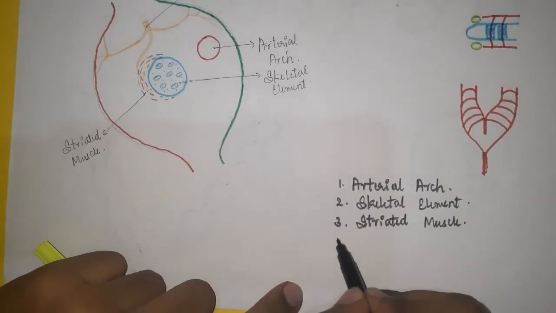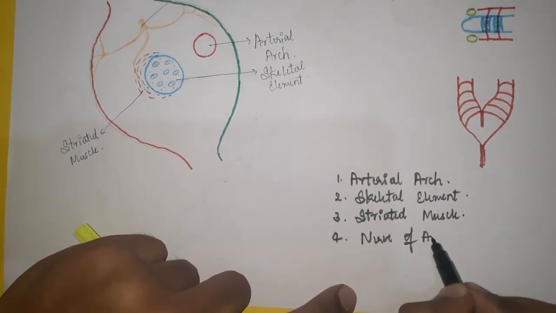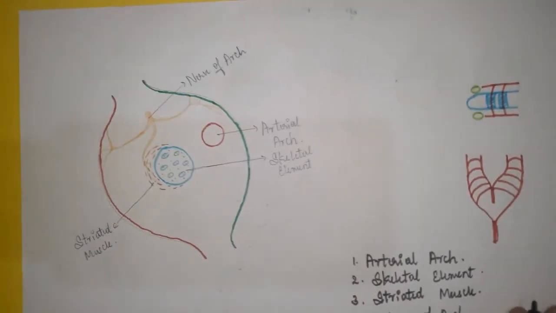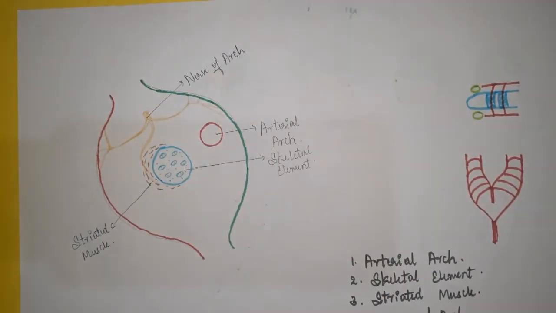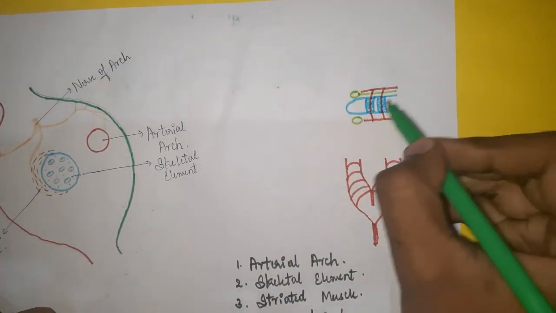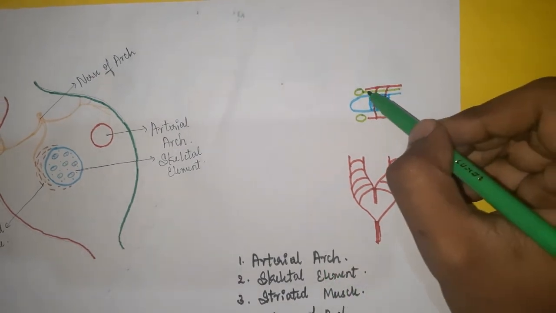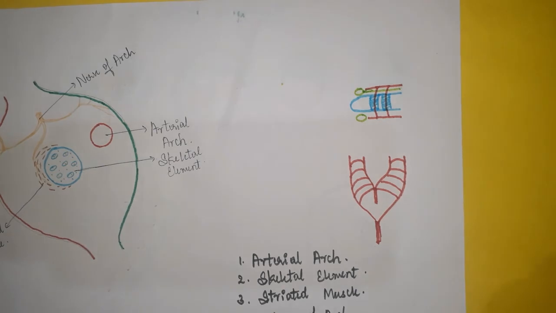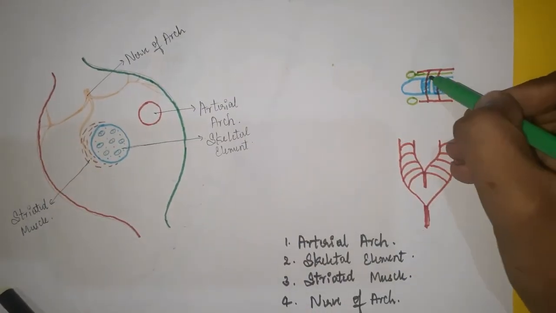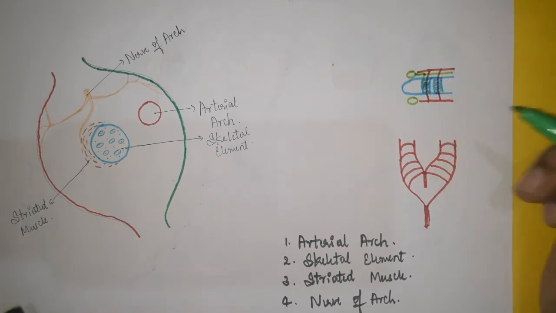Now comes the fourth element, the nerve of the arch. This is the nerve of the arch. So, as I said, there is a developing brain and spinal cord here above the foregut. The nerves arising from the developing hindbrain supply the pharyngeal arch. Consider this hindbrain, and there is a nerve arising from it that supplies this arch.